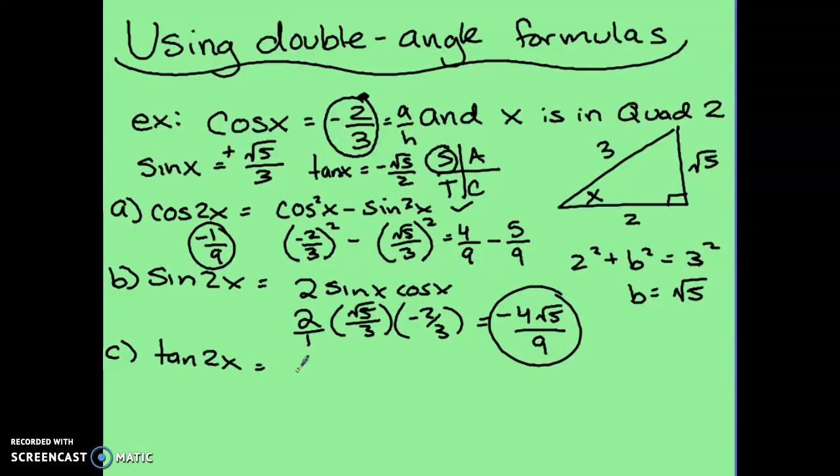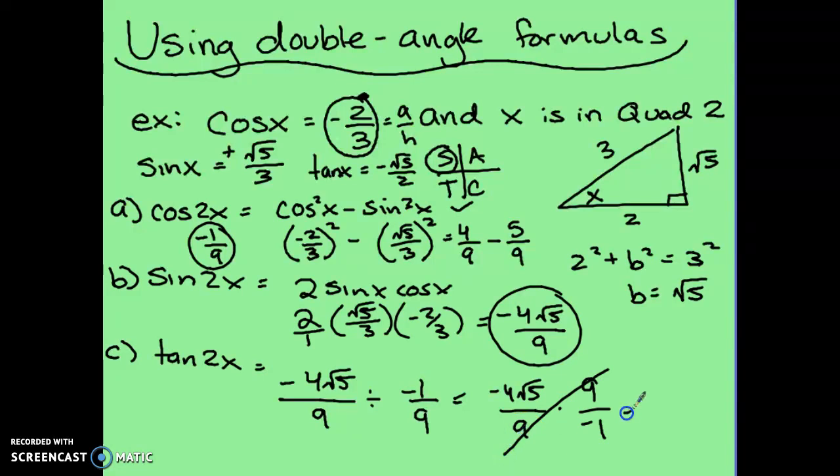So if I just know what sine of 2x is, and divide that by the cosine of 2x, flip and multiply, cross cancel, a negative over negative is positive, and you're done.